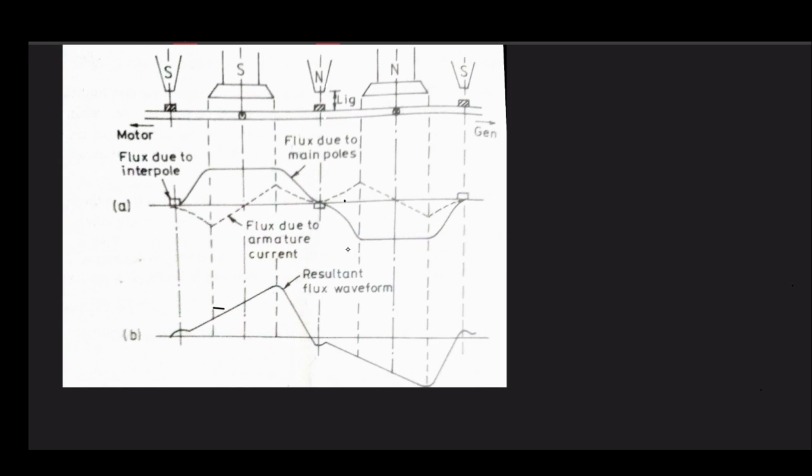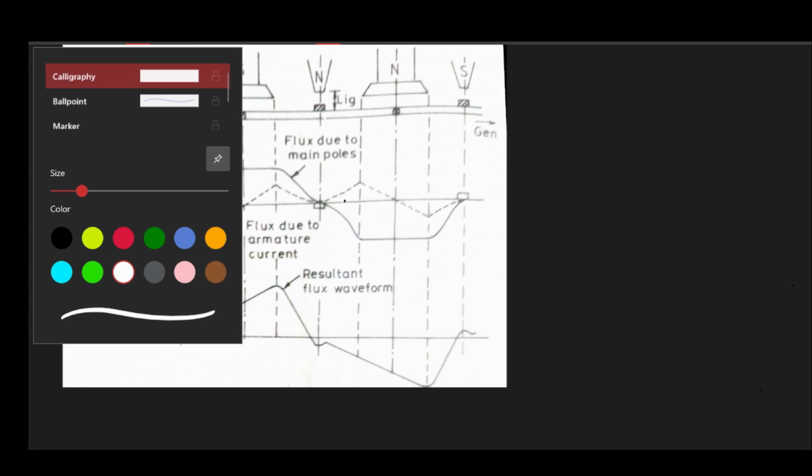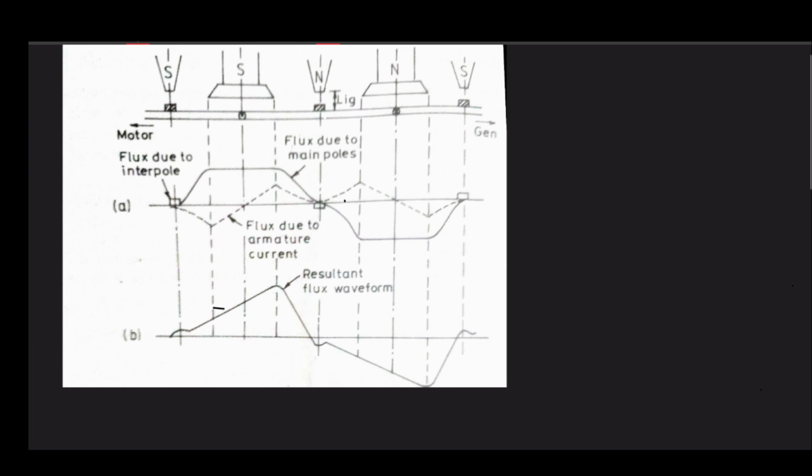But here you can see the armature flux due to armature current.